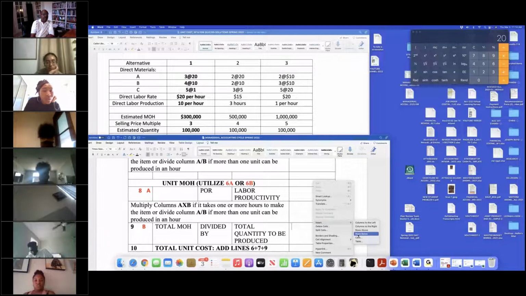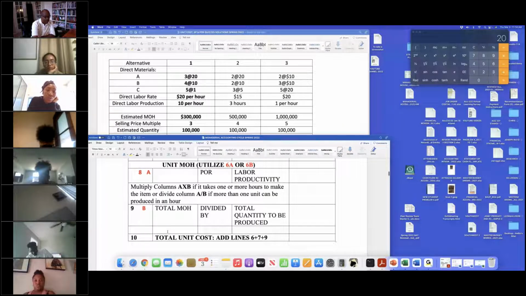Total overhead is 300,000. The total quantity to be produced is 100,000. And so 300,000 divided by 100,000 is what? How much is that? 3.